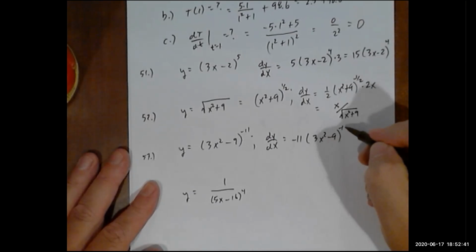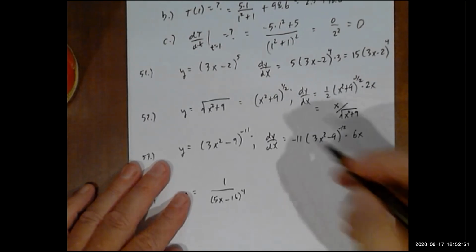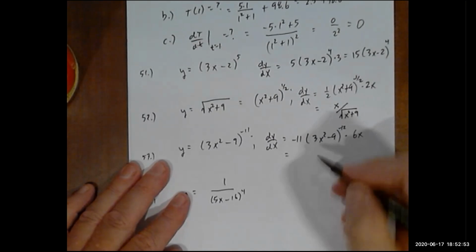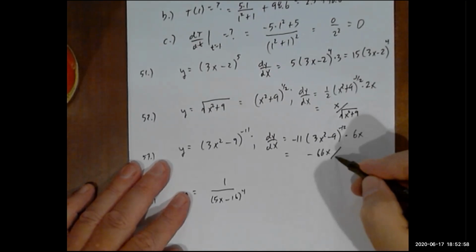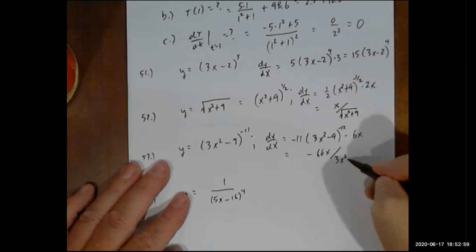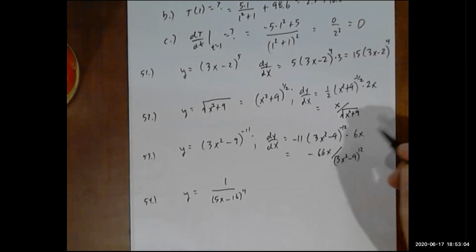So negative 11 minus 1 is negative 12. Then you multiply by the derivative of what's inside the parentheses, 6x. So it looks like negative 66x. And I assume they probably want a positive exponent, so I'll stick that in the bottom.